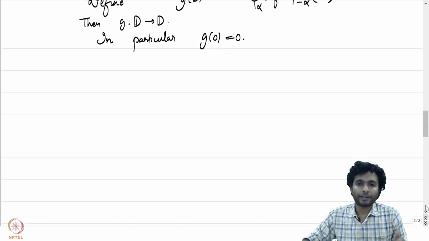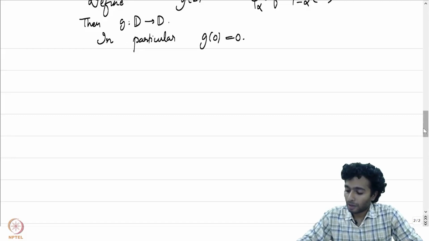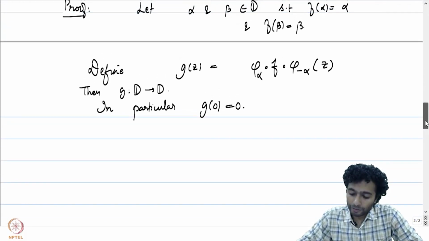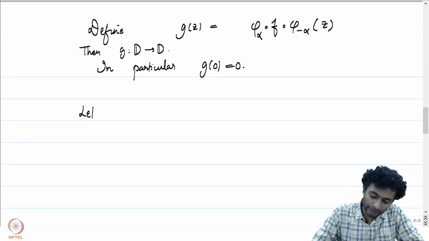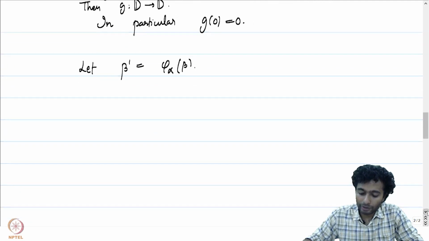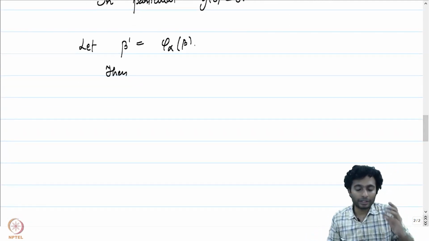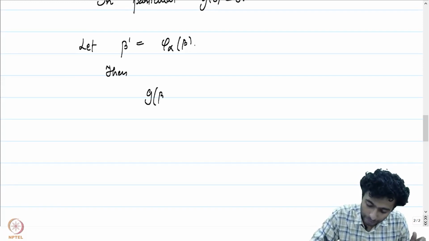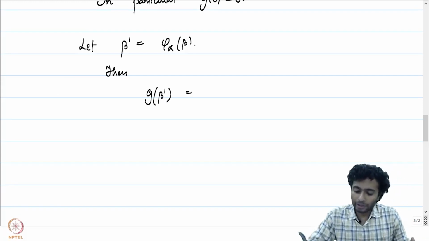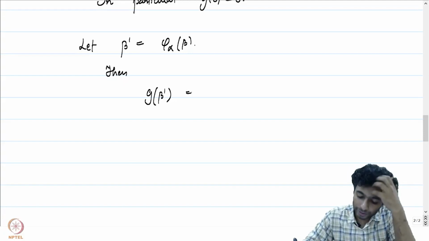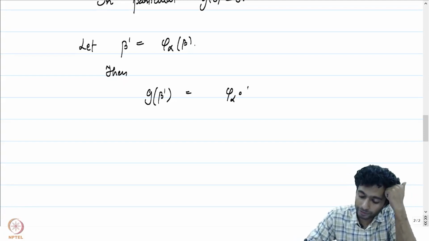We are in the perfect setting for Schwarz's lemma, and to apply that, what we can do is let beta prime be equal to phi alpha of beta, and then let's try to see what g of beta prime is. What was g? g was basically phi alpha composed with f composed with phi minus alpha, evaluated at beta prime.